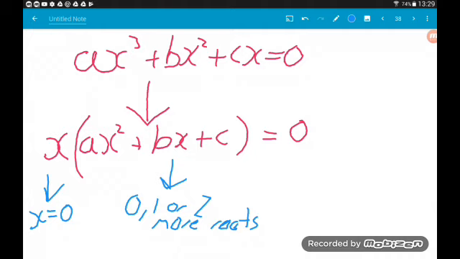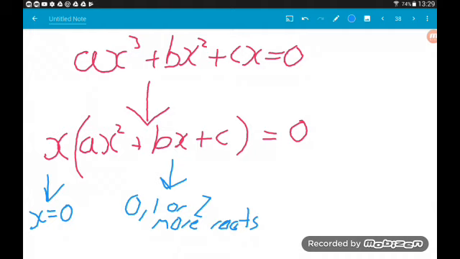Now this x on the outside gives us one of our solutions straight away. To make it equal 0, x has to be 0. So what's going to happen with all of these? They're going to pass through the origin, or the point 0, 0.